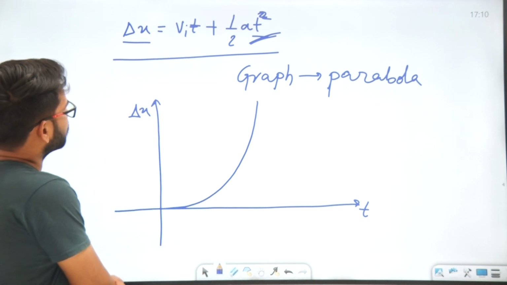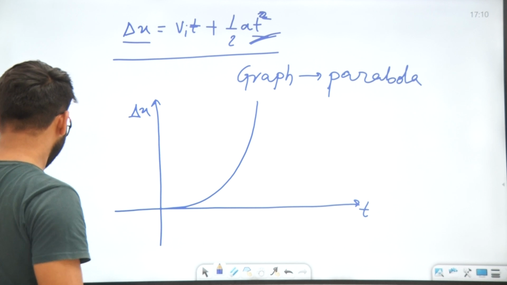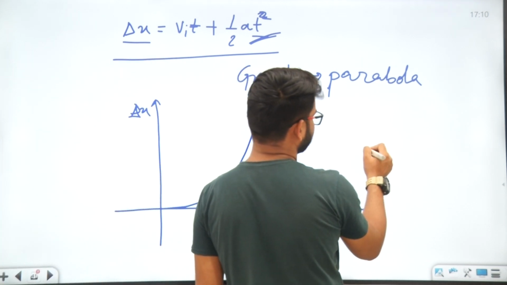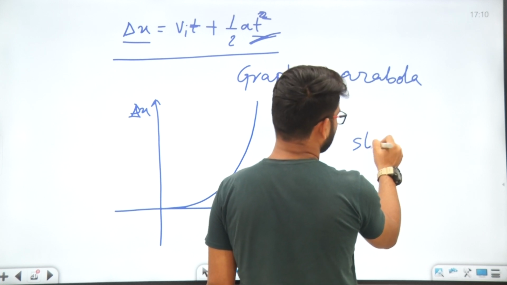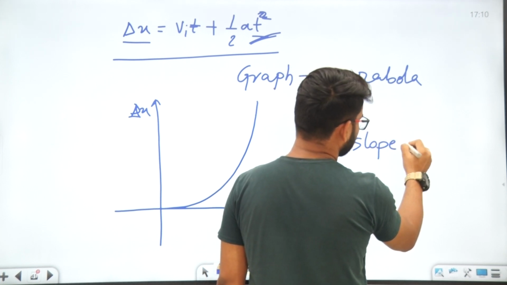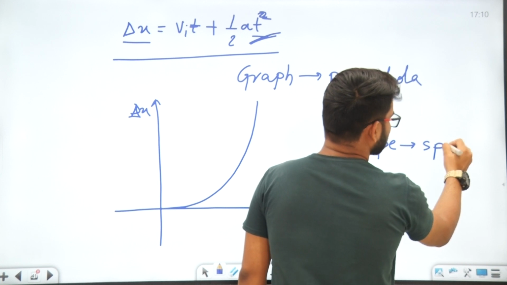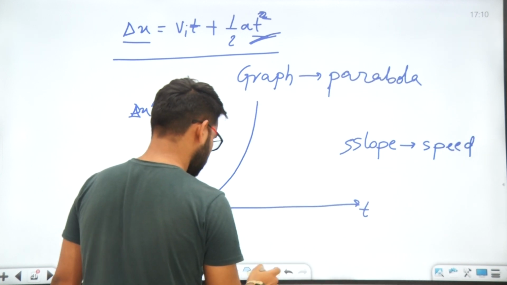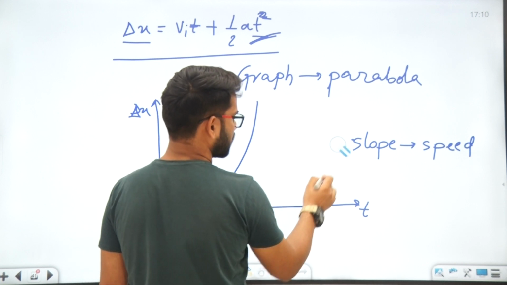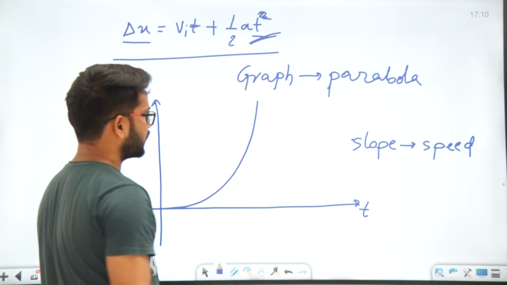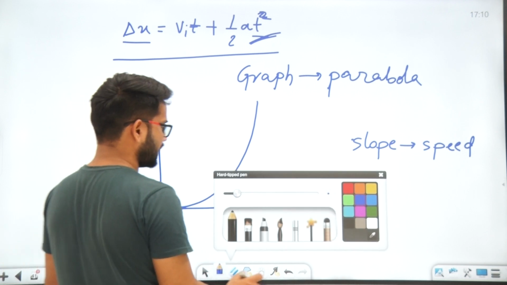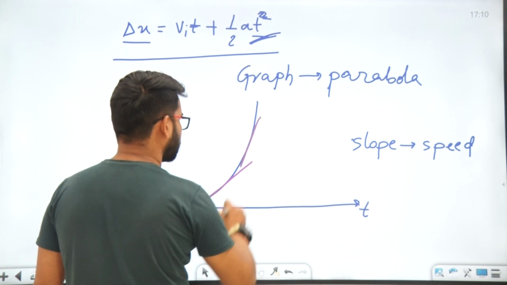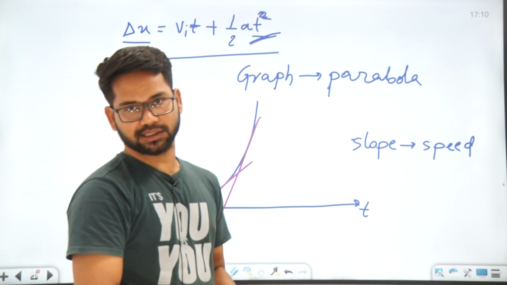So you will see here speed is continuously increasing, so the slope is also increasing here, right?